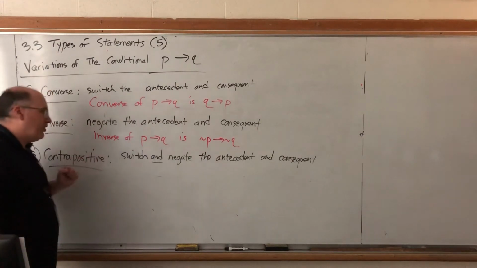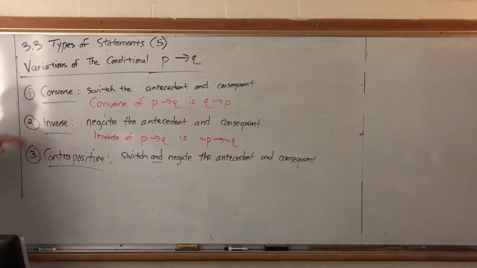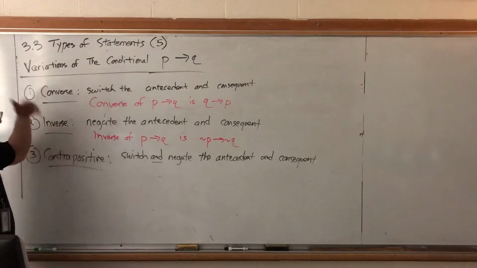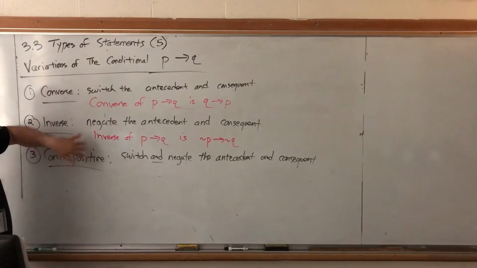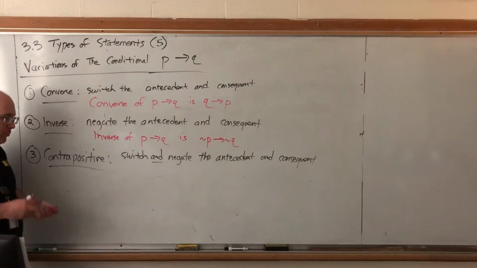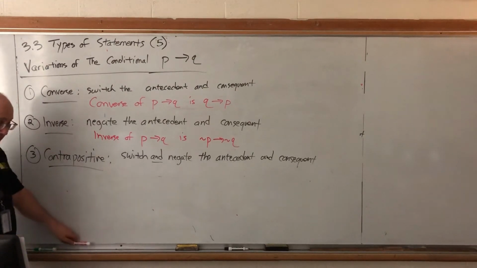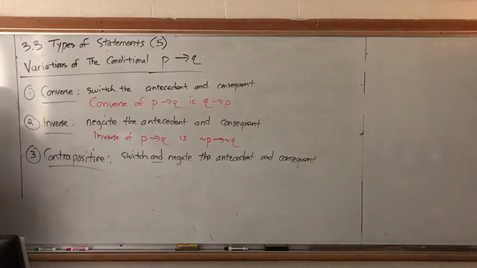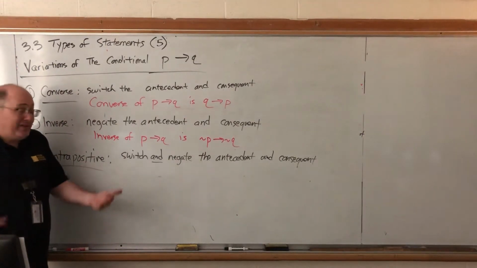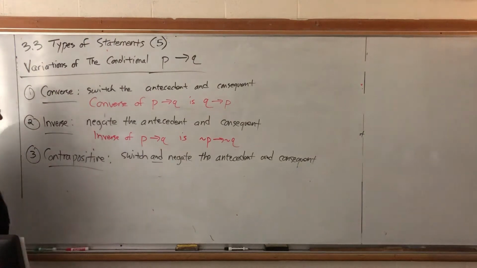Now before we get to contrapositive, I want to go back to converse and inverse for a second. It's pretty easy to get these mixed up. I know one of them you switch, I know one of them you negate. I've always asked students if they could come up with a gimmick for remembering one or both of them. About a year and a half ago, somebody finally gave me a gimmick that was so obvious, I couldn't believe I never saw it before.